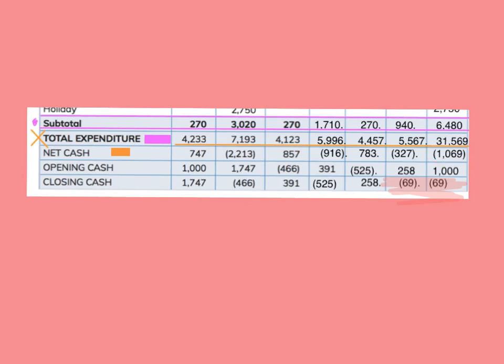My total income minus my total expenditure was this. So I then need to use my opening cash from the very beginning. All right, so that's why I say you can either put that in here and then immediately put it in there to remind you. That's what I often do so that I don't mess up with it. Or you can put it in here and work through the whole lot. And then when I add those two together, I get a negative 69.